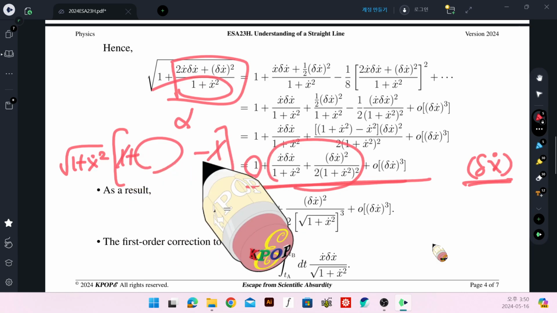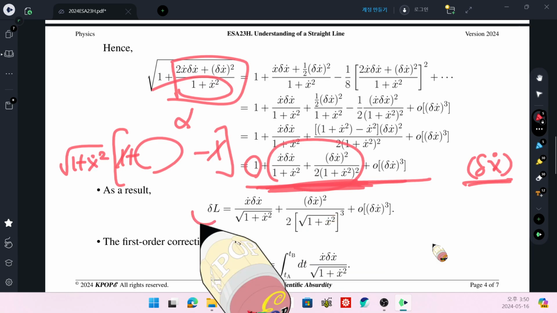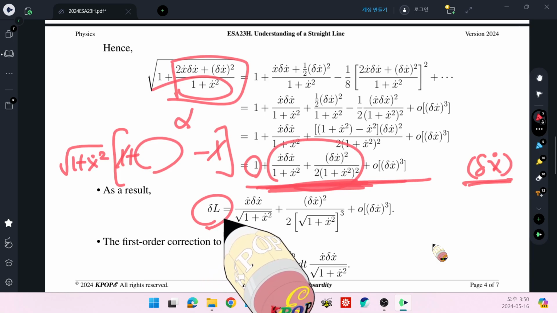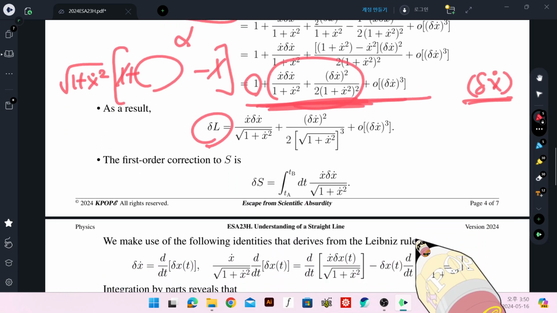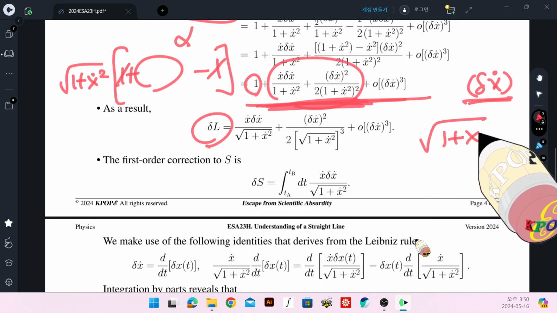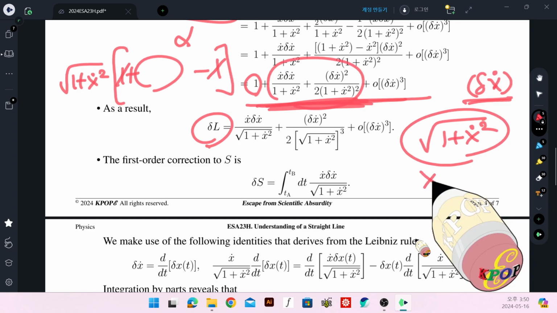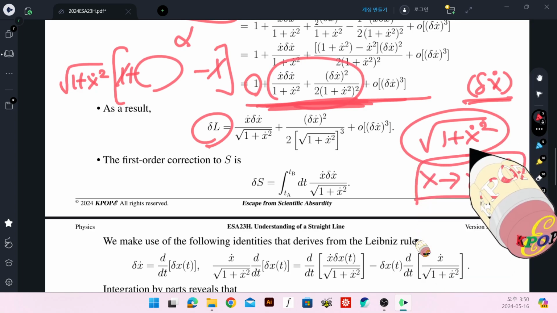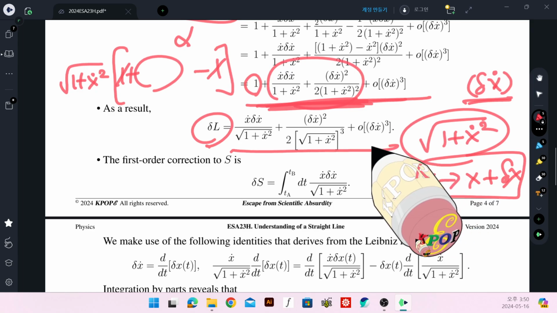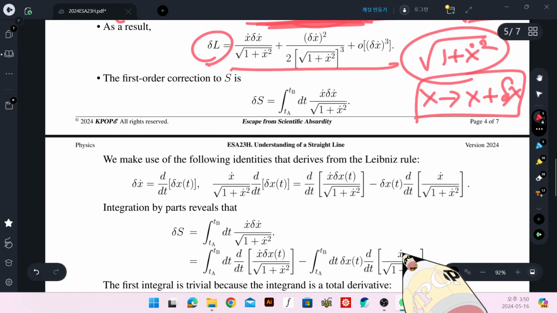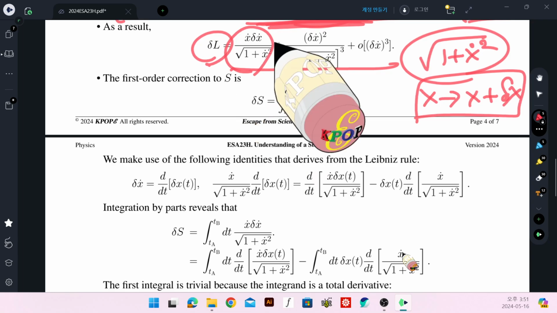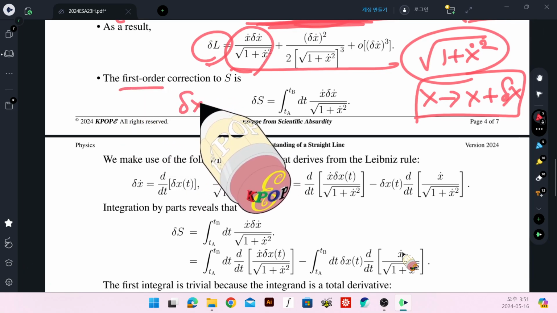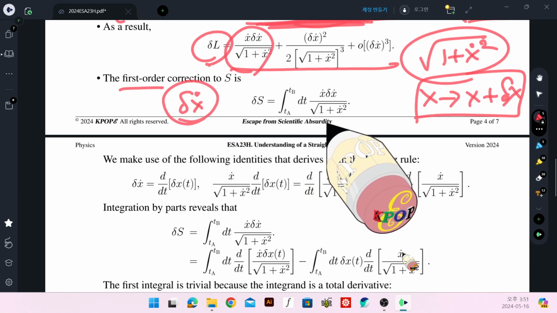So they cancel. And this is the contribution that we obtain for the variation of L. The L was the square root of 1 plus x dot squared, and the variation of x by delta x. So the integrand L changes by this amount. For simplicity, we first consider the leading contribution. That is, the first order delta x contribution is this.